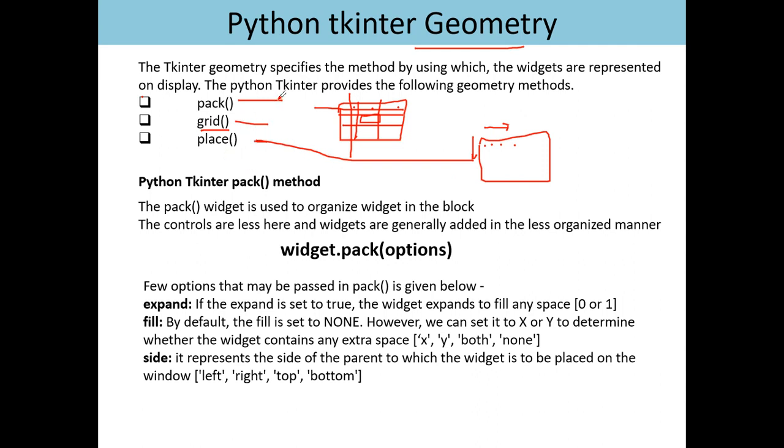Grid you understand. Pack simply takes the whole window: a north part, a south part, east and west, something like that. Top, bottom, left, right. In this way, pack divides the screen. You got it? Yes.